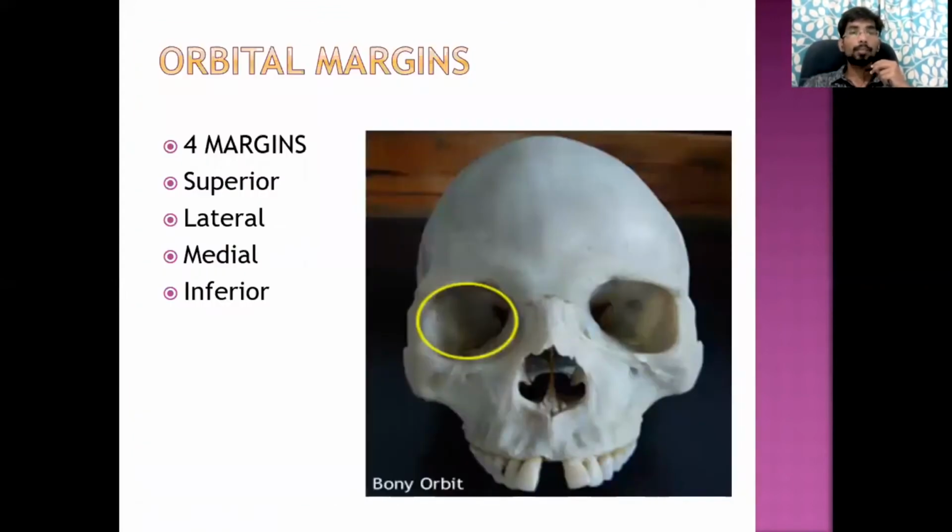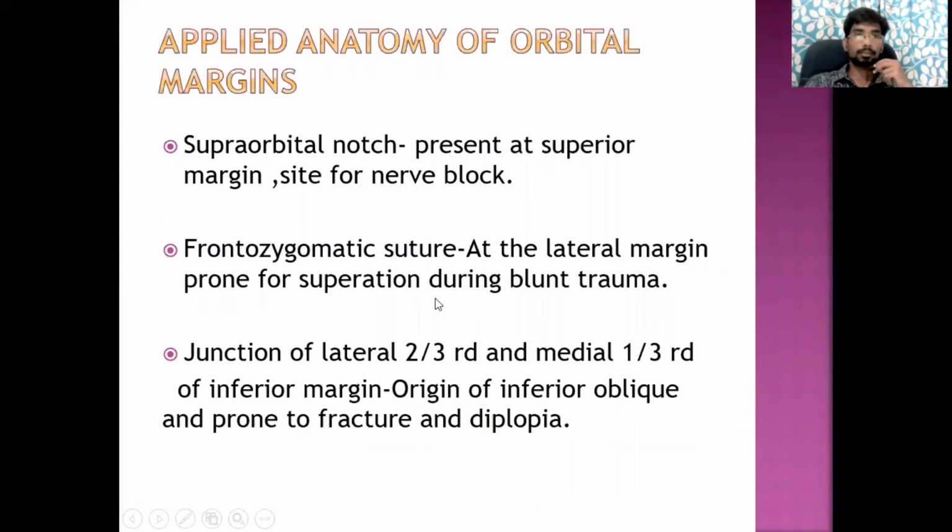Next is orbital margins. There are 4 margins. Like the walls, there are also 4 margins: superior margin, medial margin, inferior margin, lateral margin. Applied anatomy: one is the supraorbital notch, a site of nerve block, and the frontozygomatic suture at the lateral margin is prone to separation during blunt trauma.